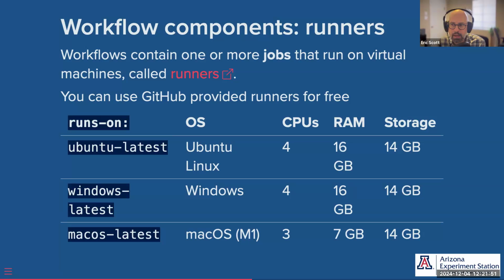Then you get higher limits on these runners. I think you can have something like 150 runners running simultaneously. So there's no real practical limit there unless you're doing really heavy duty stuff with GitHub Actions.